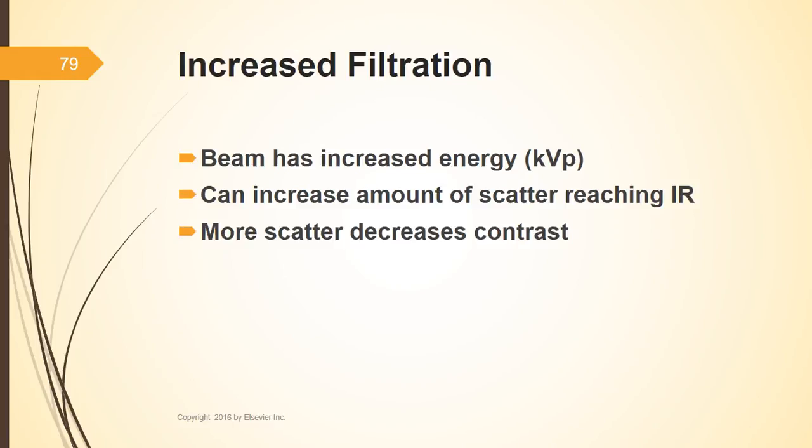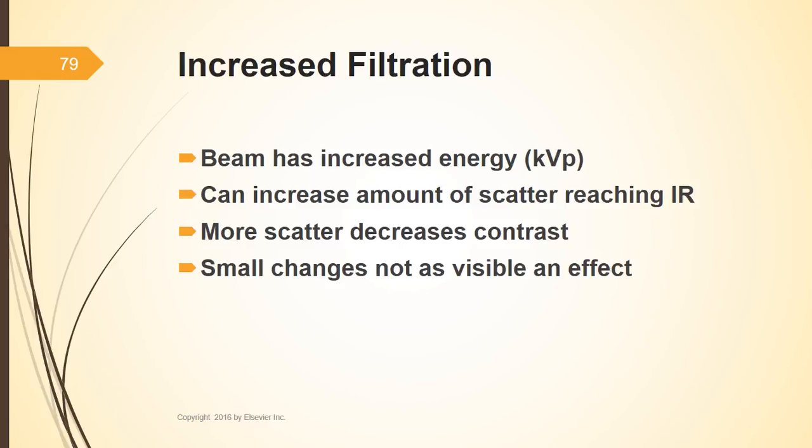The amount of tube filtration should not vary greatly, therefore small changes do not have a visible effect on the radiographic contrast. But you need to know that filtration in general does have a role in how well your image looks, which is part of spatial resolution.